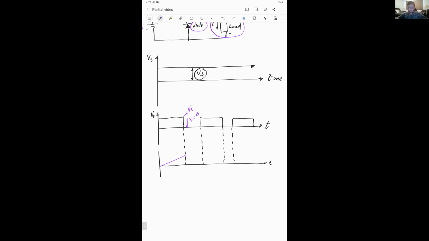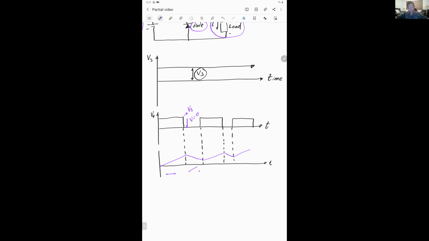Once the circuit is off, for example, here the circuit is on, here the circuit is off, the current will decrease linearly, like this. Once again, this is due to the time needed for the inductor to discharge the current. And this will be repeating all the time.